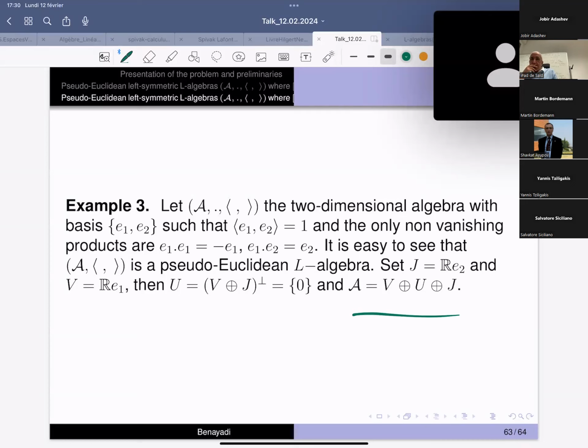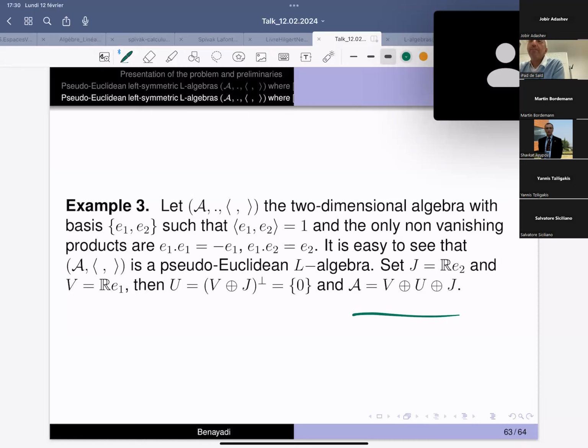But you can classify two-step solvable Lie algebras of dimension, I think, 7 or 8, and we can look for some classified pseudo-Euclidean left-symmetric algebras. It's a good program. But my first problem is to understand the structure of this Lie algebra.